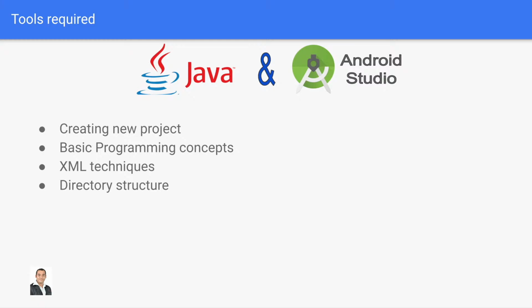Before 2014, developers used to develop apps on Eclipse. Back then, setting up the environment was quite difficult as compared to today's straightforward process. Like I said, there are two languages supported, Java and Kotlin.